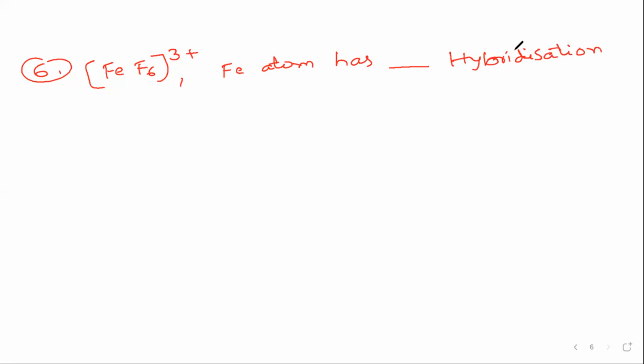Next we have FeF6 3 plus. In FeF6 3 plus, the iron atom has dash hybridization, with dash unpaired electrons. You can easily tell it.